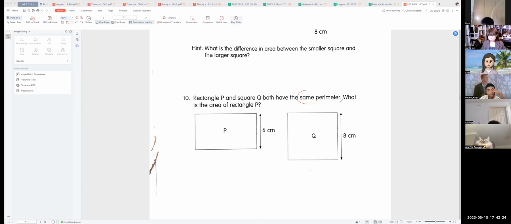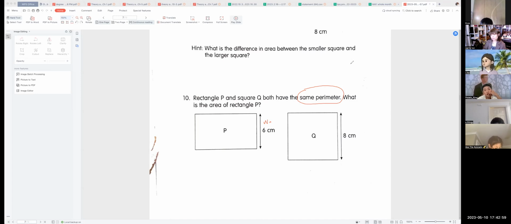Okay, so that is very important. 这个呢是个长方形，这个是个正方形。Let me ask you, with just knowing the width of a rectangle, can we find out the perimeter of the rectangle? No. Impossible, okay? But if we only just know one side of a square, can we know the perimeter of a square?